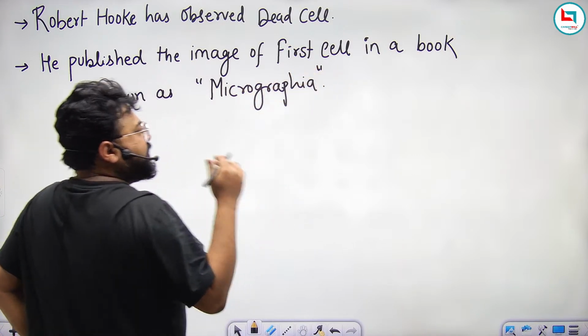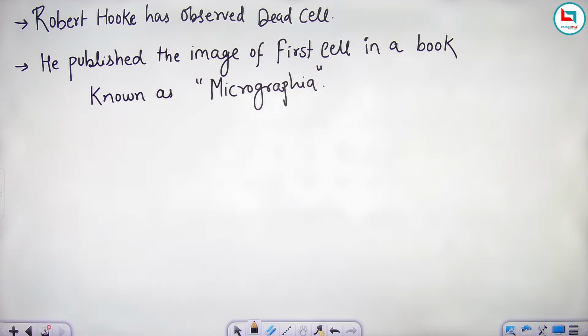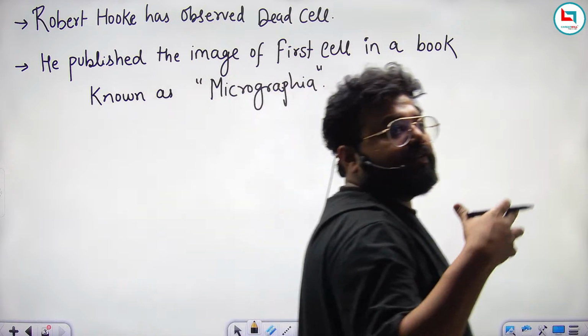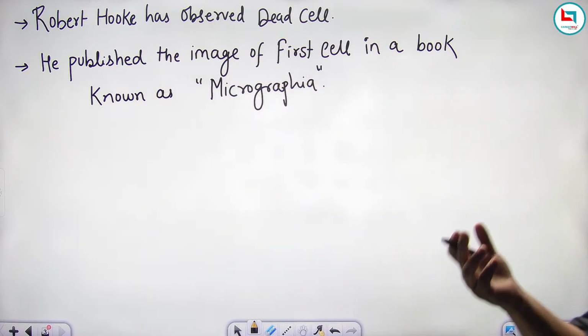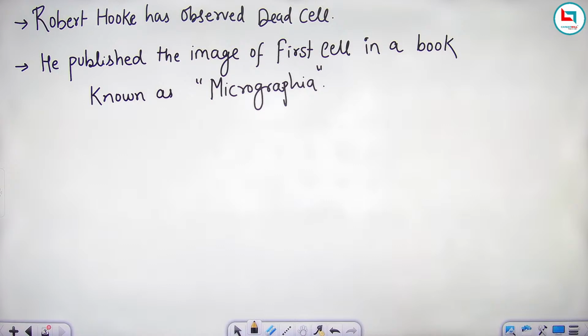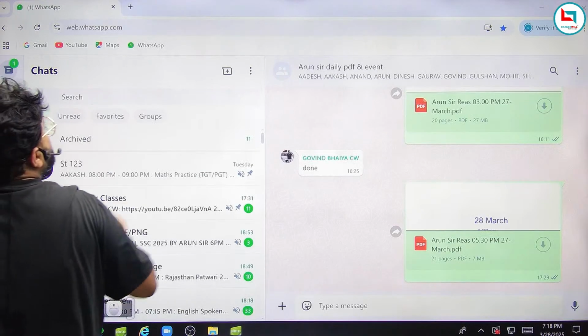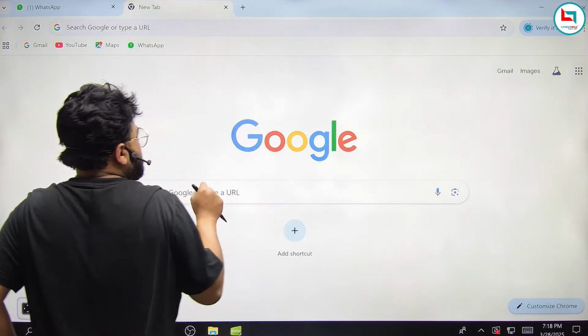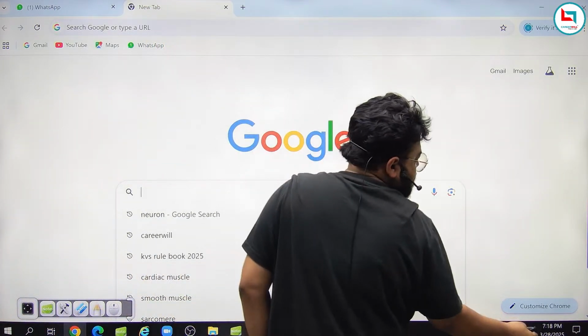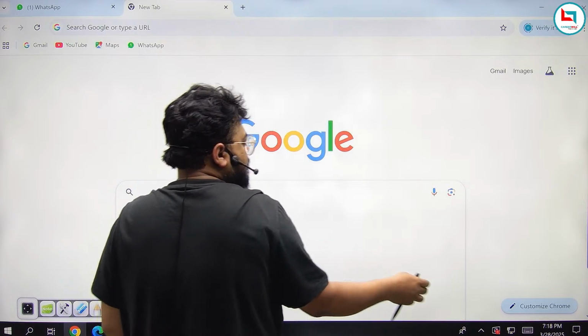So in our exam, they usually ask in which book Robert Hooke published the image of the first cell, whether it is Historia Animalium, Systema Naturae, Origin of Species, or Micrographia. So the answer to this question will be Micrographia. So let me show you the image of the first cell.